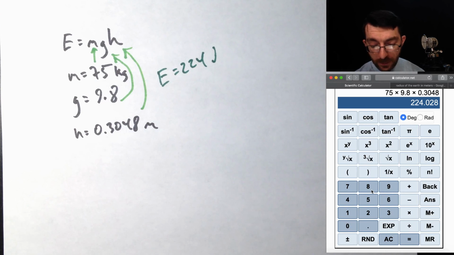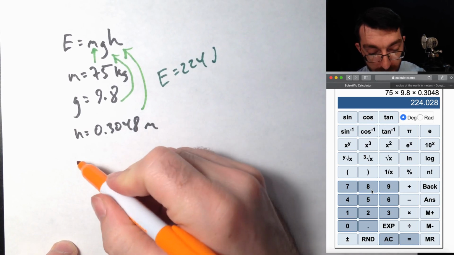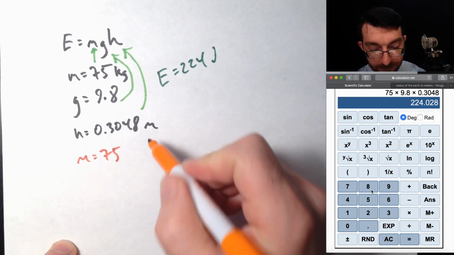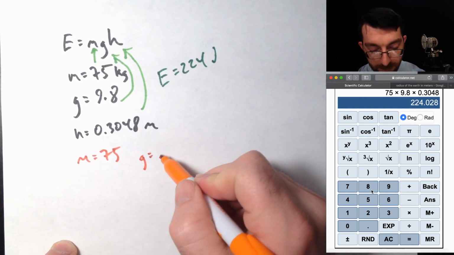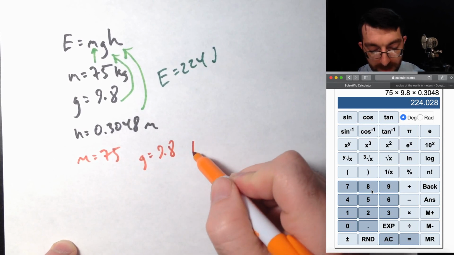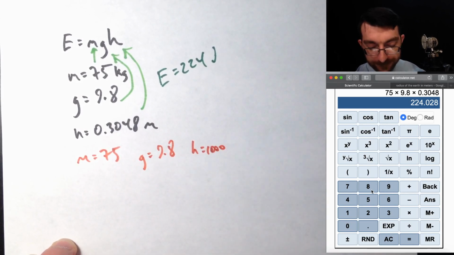Okay, so let's start getting fictional here. How much energy would it take for me to jump up a kilometer? Okay, well, this is going to be a little ludicrous, but let's go ahead and do the math anyway. To jump up a kilometer, we're talking same mass, same gravity, but now the height is 1,000.